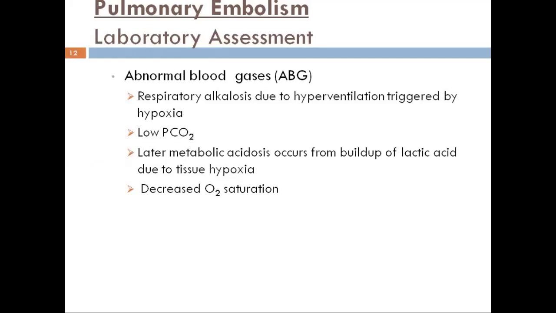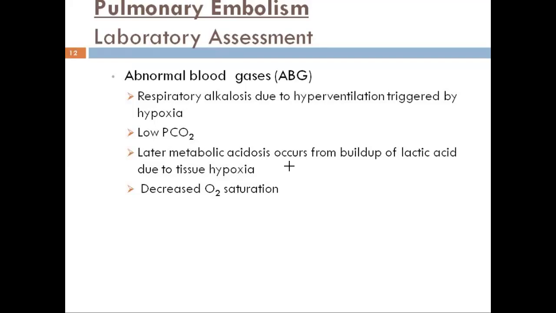Hypoxia triggers hyperventilation, and that can lead to respiratory alkalosis. And there will be low partial pressure of carbon dioxide in the blood. Later on, metabolic acidosis occurs from buildup of lactic acid due to tissue hypoxia.